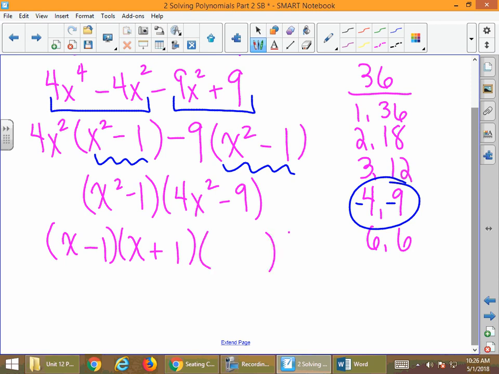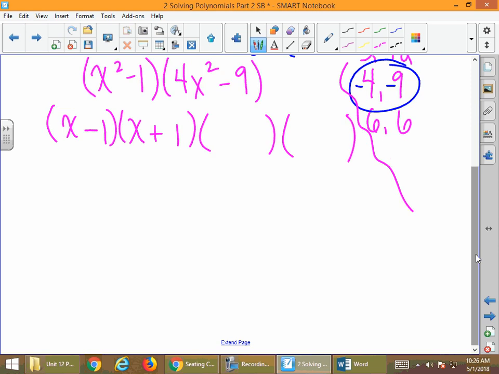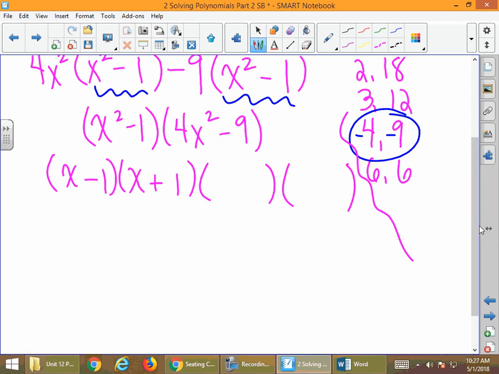The same process here with the 4x squared. Square root of 4x squared is 2x. Square root of 9 is 3. Difference between two squares, different signs. And now that we have it all factored, we can come up with our 4 solutions.